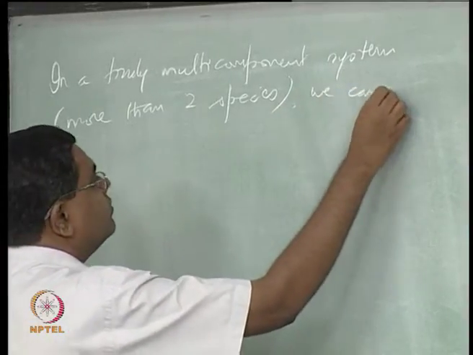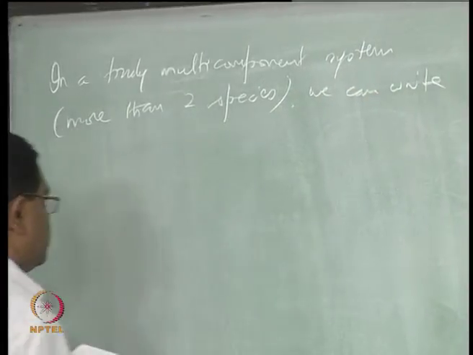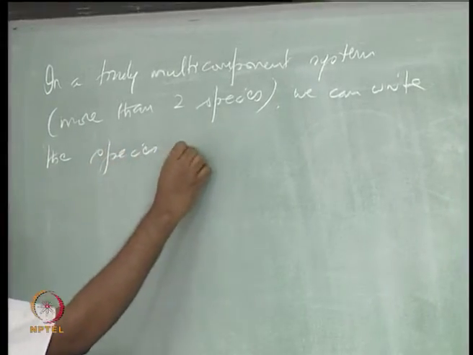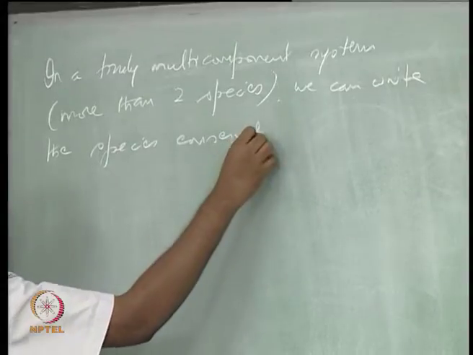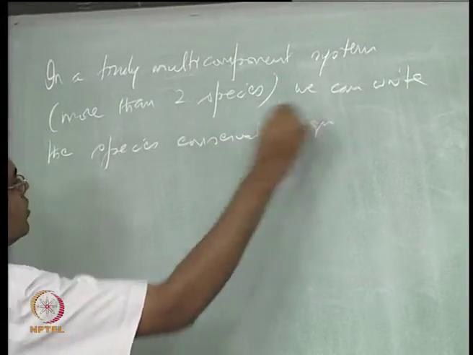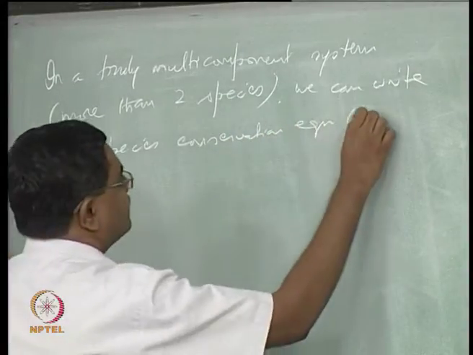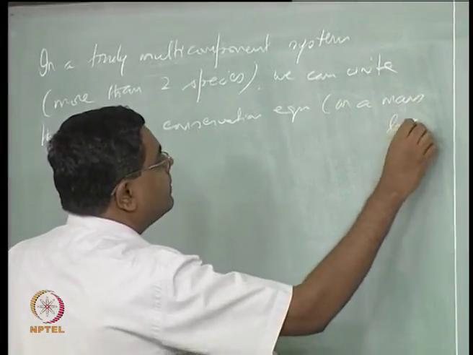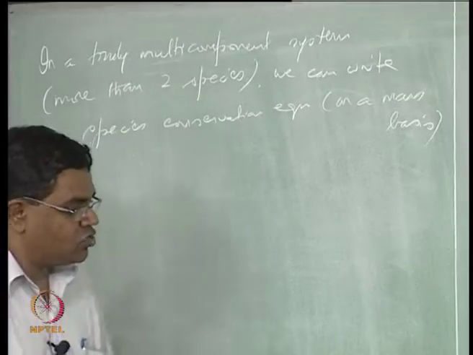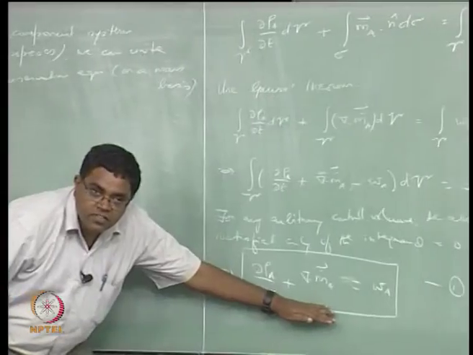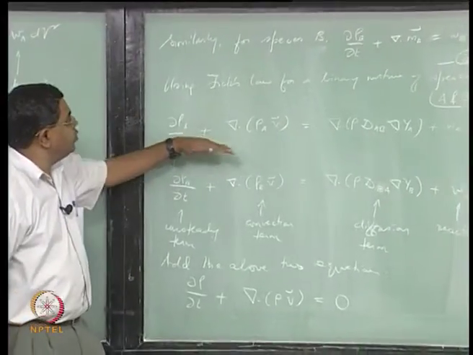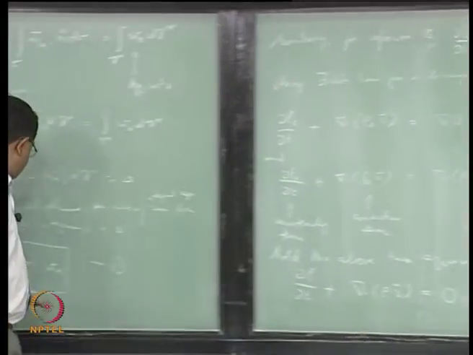We can write the species conservation equation on a mass basis. Of course, that is to say an equivalent of this, particularly something intermediate between this and this.